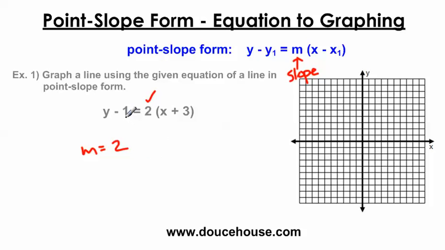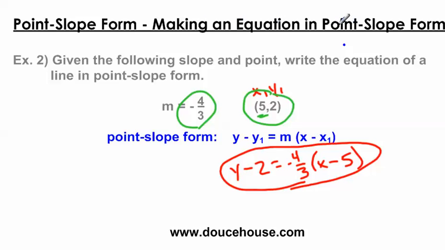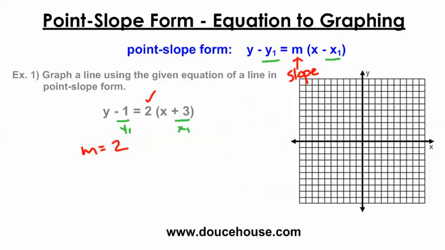But then I have this -1 and this +3. What can I do with that information? If you look at the equation up here, this is y1, and this +3 is the x1. But if you watched the video I have called making an equation in point slope form, there's a little tricky thing going on here.